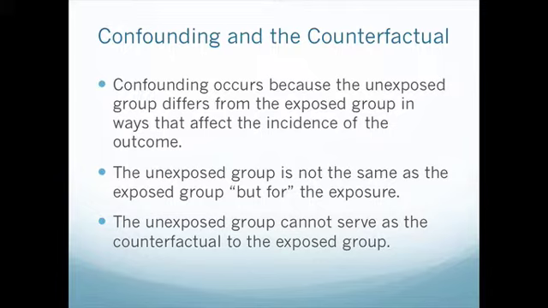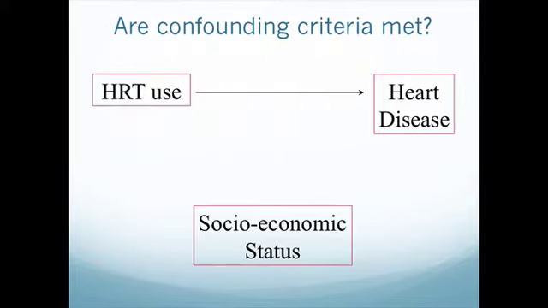So I'm going to go back to this example. We have women who use HRT and women who don't use HRT, and socioeconomic status is not equally distributed across those groups. There are more high SES women in our HRT group than in our non-HRT group. So our exposed and our unexposed, our HRT and our no HRT, are not the counterfactuals to each other.